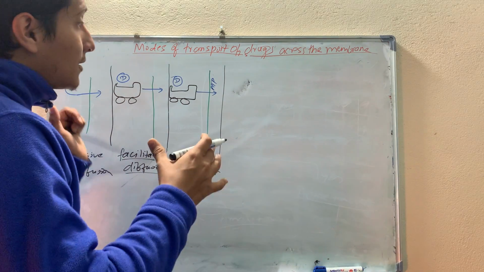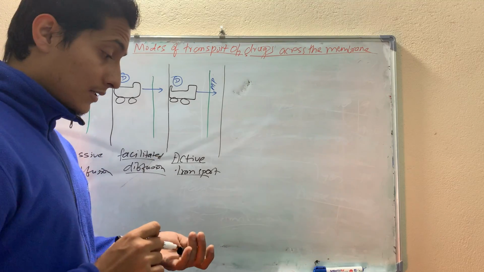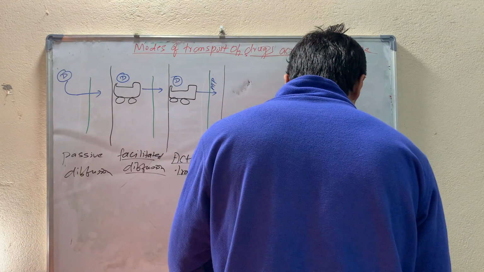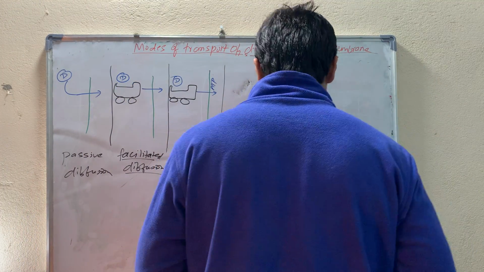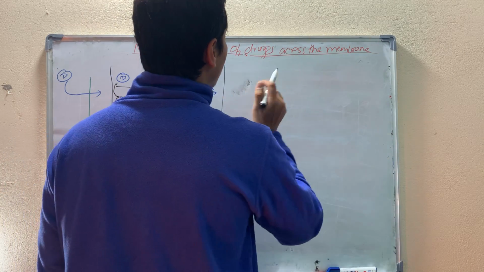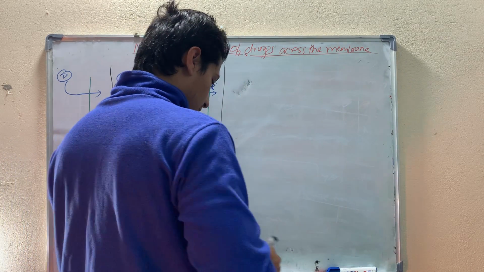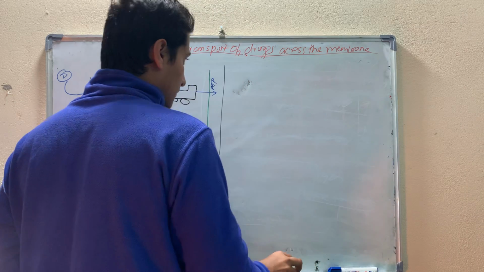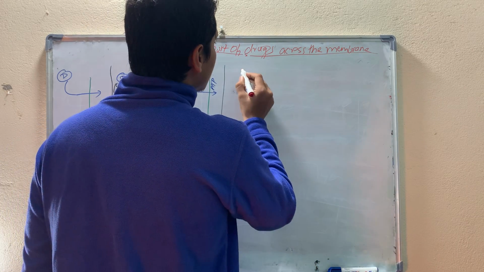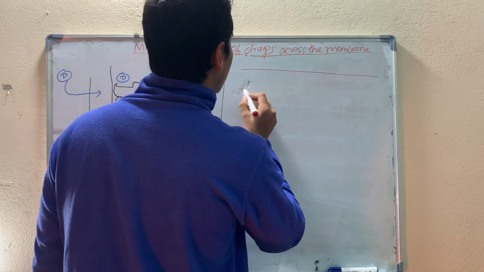Now, let's summarize these three systems in a different table. So let me use the next color marker to make it more exciting for you guys. So this is your table.